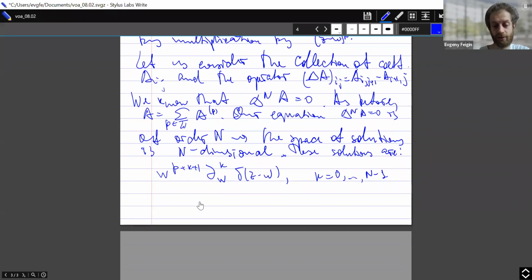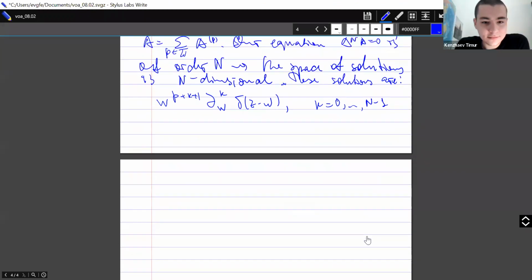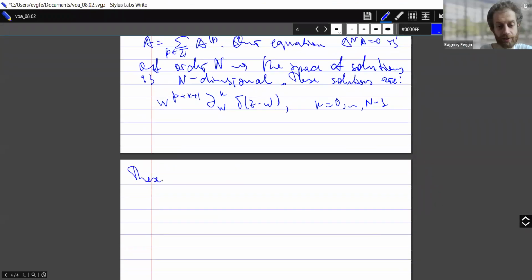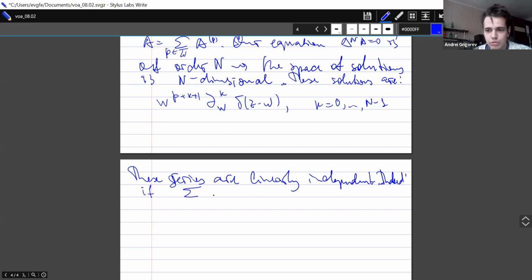Probably you should compute some residues. Take any linear combination of these solutions, and let's say we have the maximal power of differentiation n. Then we can multiply it by z minus w to the power of n.